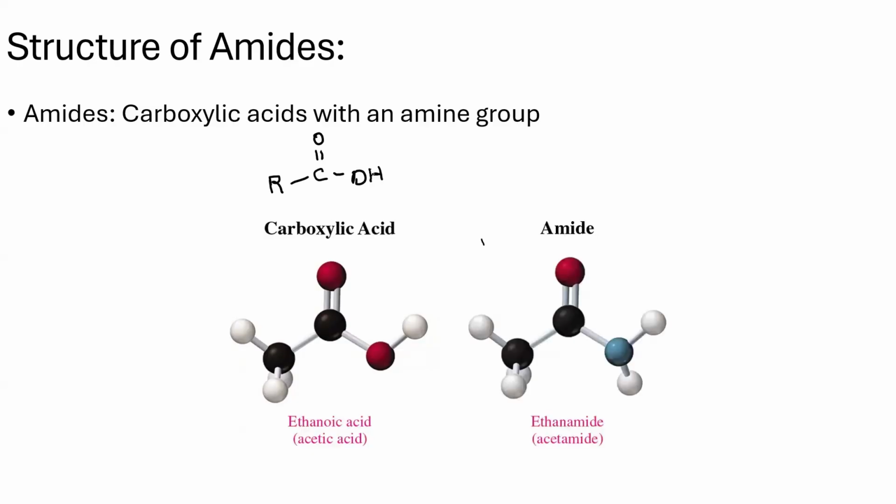Amides are pretty much the same thing, except instead of an OH group, you have an NH group, or at least a nitrogen. So you have your R group, your carbon double bonded to oxygen, bonded to NH2. That's your amine. That's the basic structure of an amide.